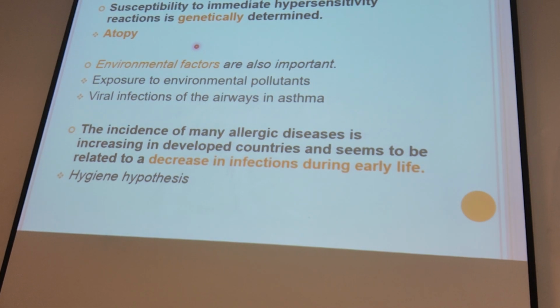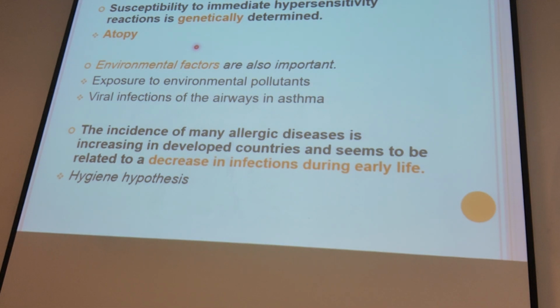For example, some people have allergy to food, so they should not consume those kinds of foods. Okay? Is that related to IgE? Yeah. Allergy is related to IgE. Atopy is susceptibility to allergens. Some people are atopic.